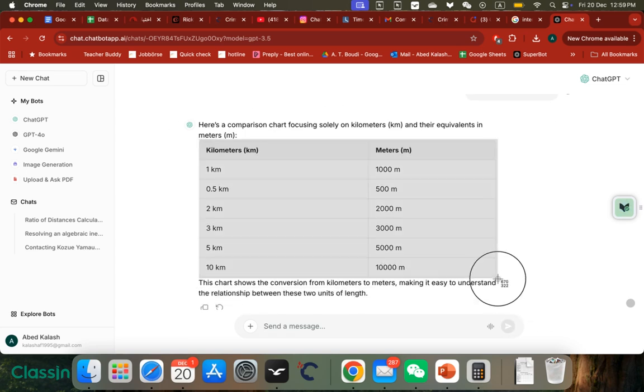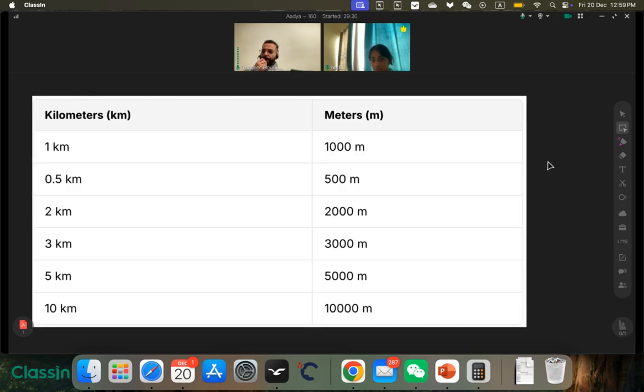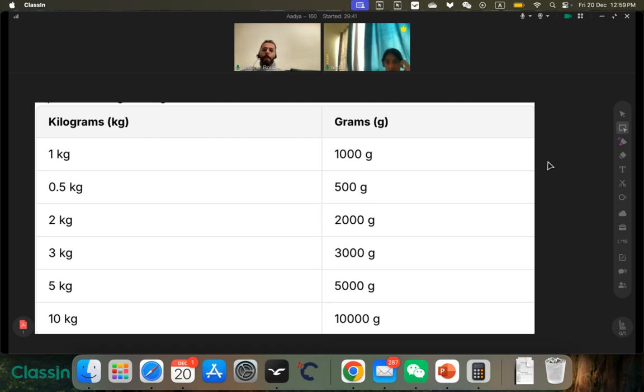Same thing for kilometers. It's the same thing for kilometers. Press kg. Oh, yeah, there. Can you write them down for a sec?